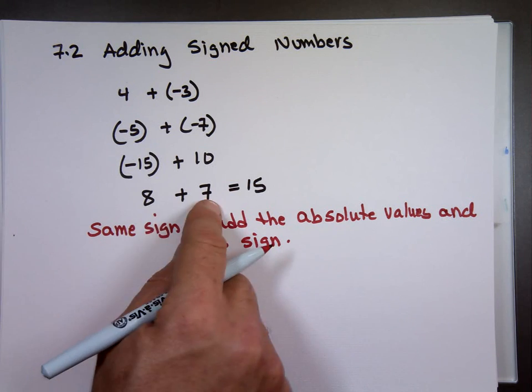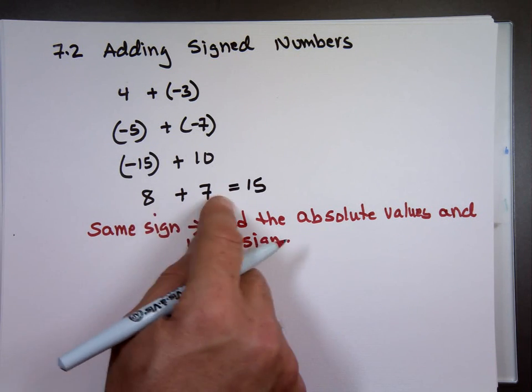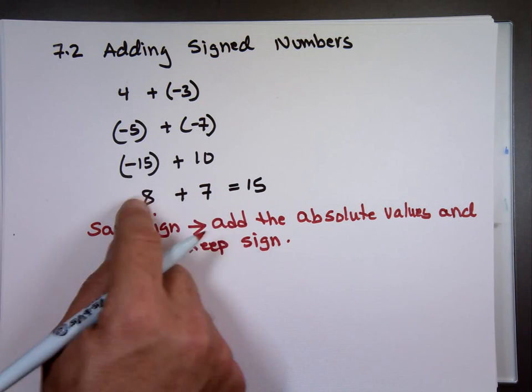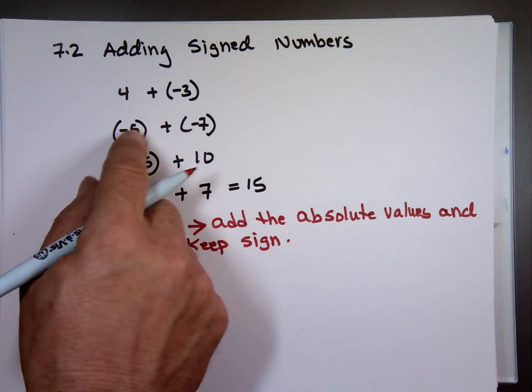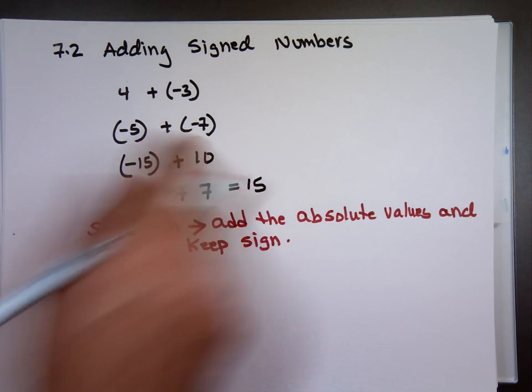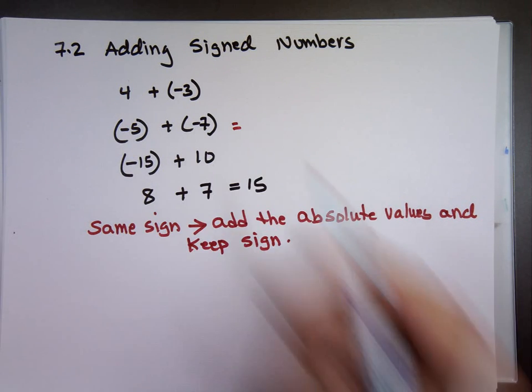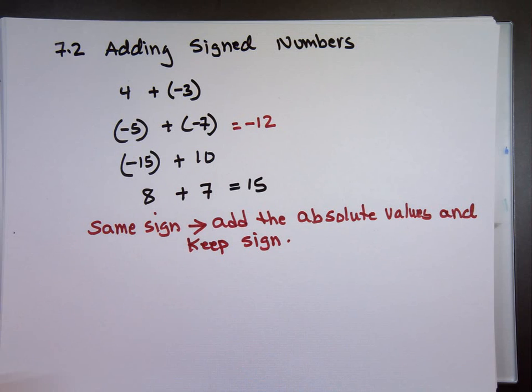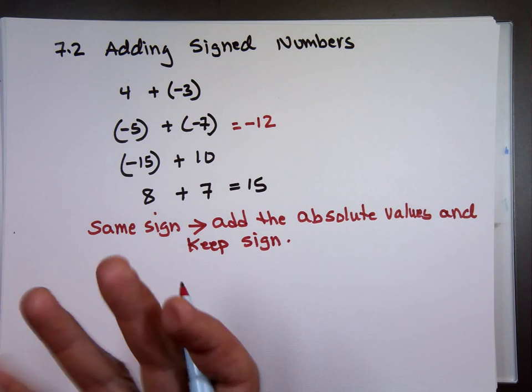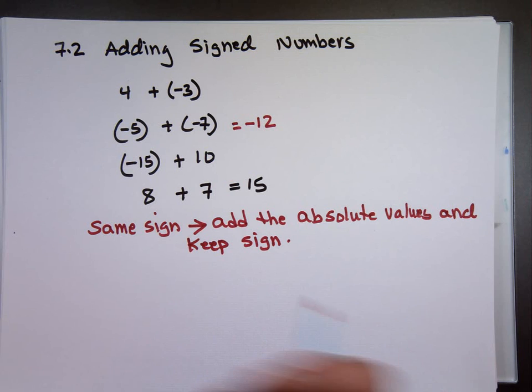Notice these two numbers have the same sign. We add them without the sign, 8 and 7, 15. These numbers have the same sign. If we add the 5 and 7, which is 12, and we keep the sign. So if the two numbers have the same sign, just add the numbers without the signs and leave the sign alone.